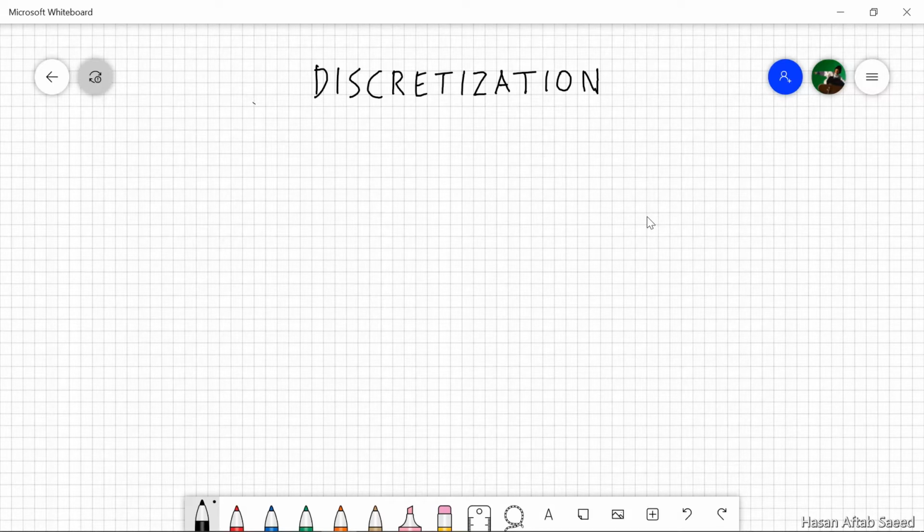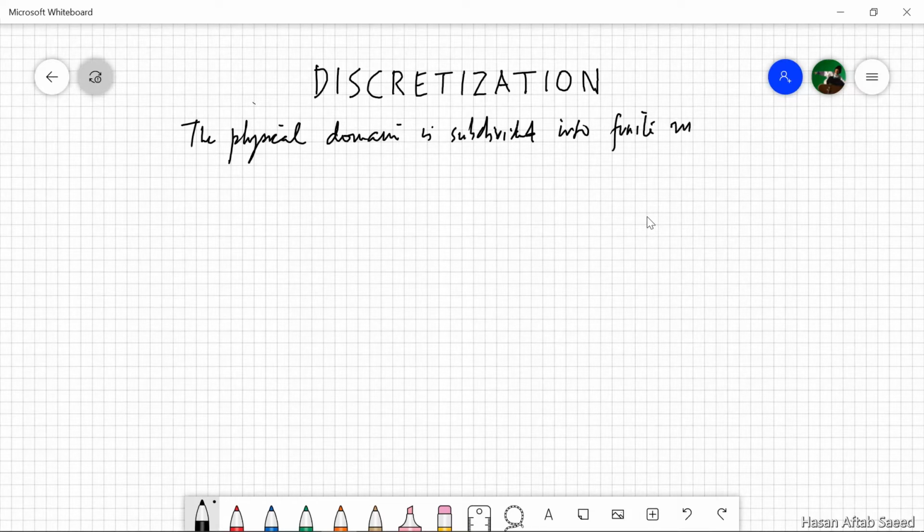By discretization, we mean that the physical domain is subdivided into a finite number of discrete elements. Now, at least three things concern us here.